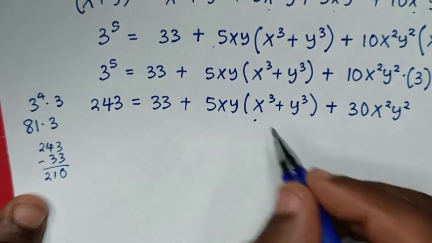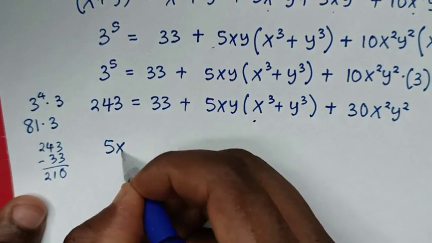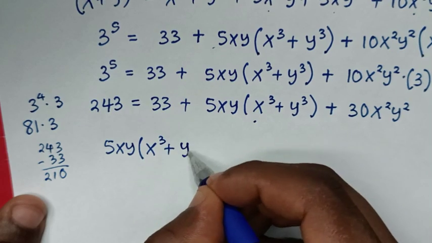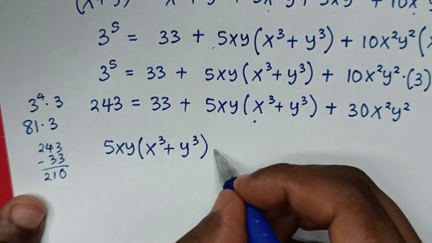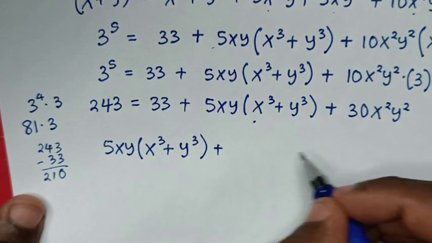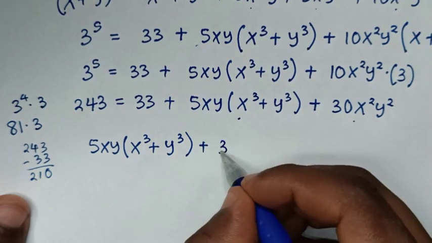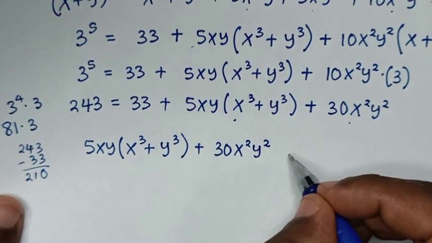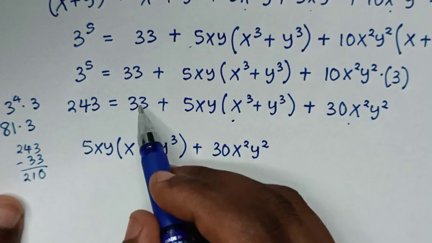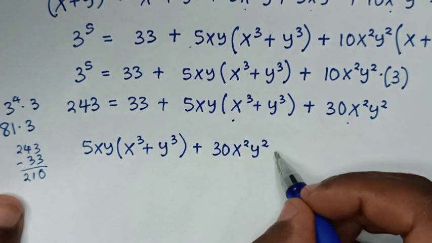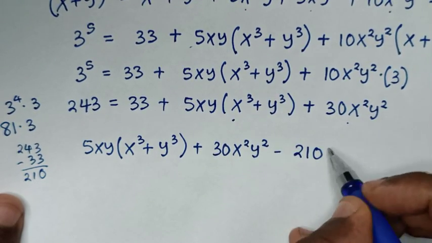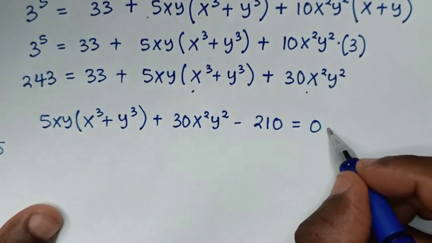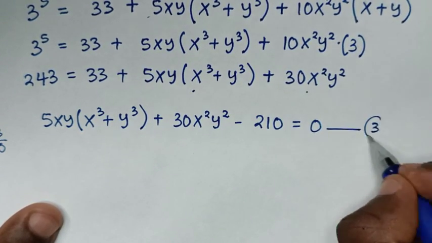So we start with 5xy bracket x power 3 plus y power 3 bracket, then plus 30 x square y square, then minus 210 is equal to 0. So we call this equation 3.